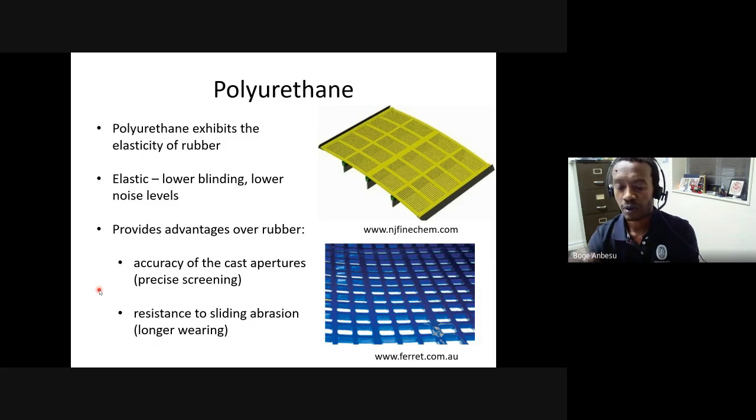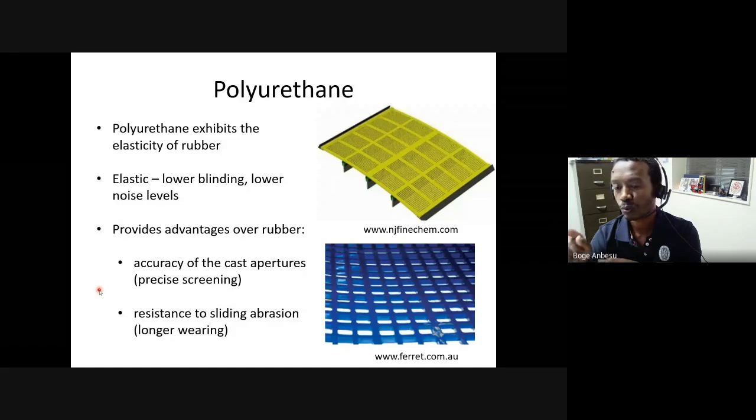If a particle goes there and blocks it, it will be stuck there. There's no mechanism of removing it easily. So basically, if you have too many openings that are blocked like that, your screening efficiency and your screening capacity will suffer very significantly.